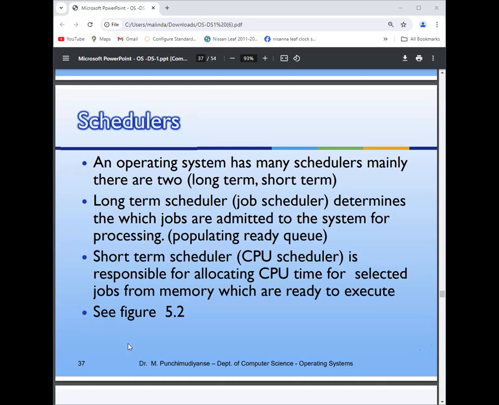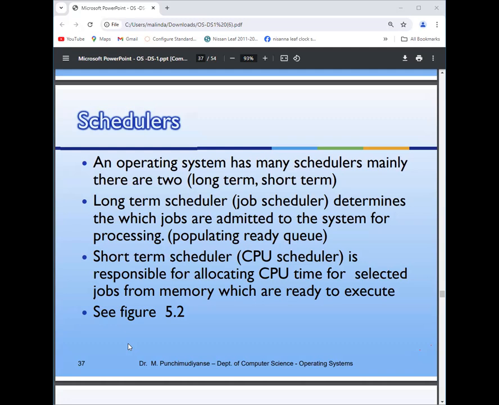That means if you have multiple jobs out there, which of them actually get admitted to the ready queue? That is called long-term scheduling, because there can be jobs that we are not admitting to the system because the ready queue is full, right?